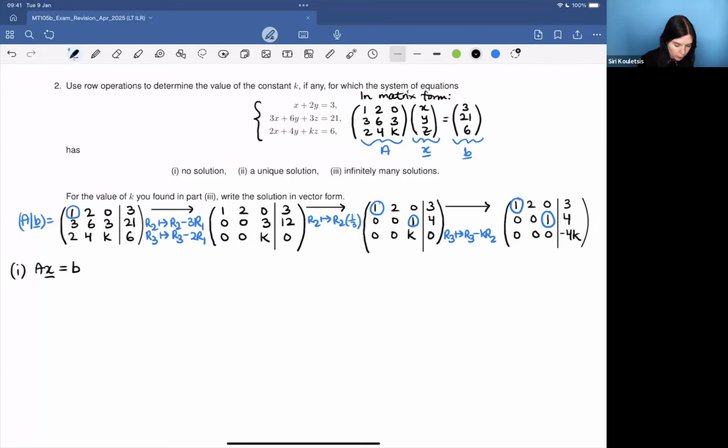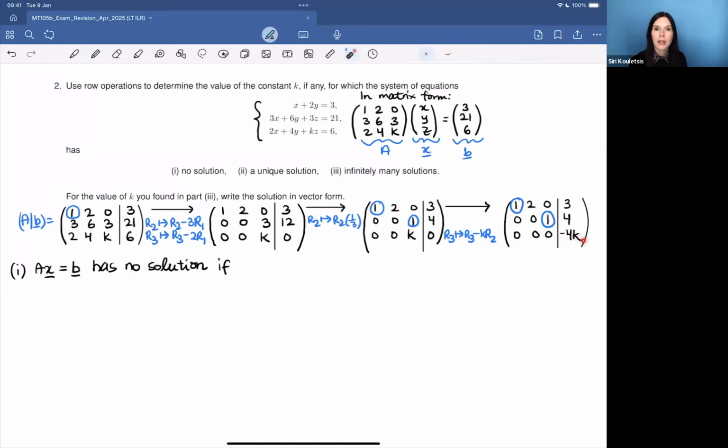What would be the value or values of k in that case? And so what would this final row look like if the system has no solution? Then we obviously have zeros here in the coefficient matrix, the reduced version.